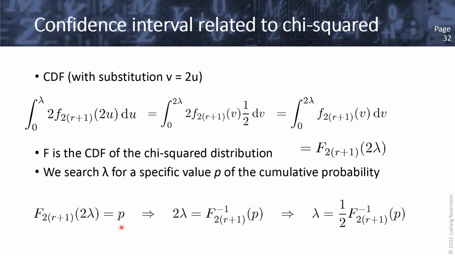This looks like this. And we then use the inverse function. That means 2 lambda remains at that side of the equation, and the inverse function will be used for the value p here. And if we solve this for lambda, we find lambda is half of this inverse function.